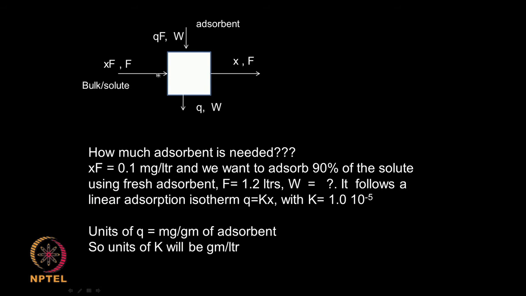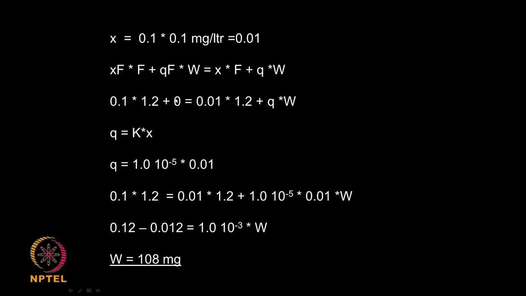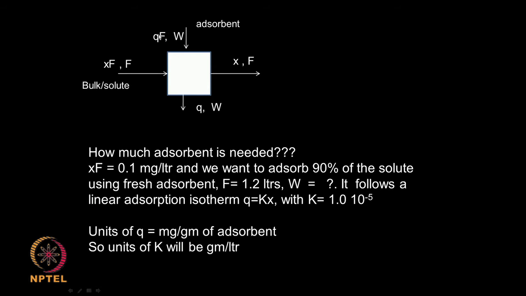The solute is entering at a feed concentration of 0.1 mg per liter, and F is 1.2 liters. Now, how much W do I require if I want to adsorb 90%? I am using fresh adsorbent, so QF will be 0, so this term will be 0.